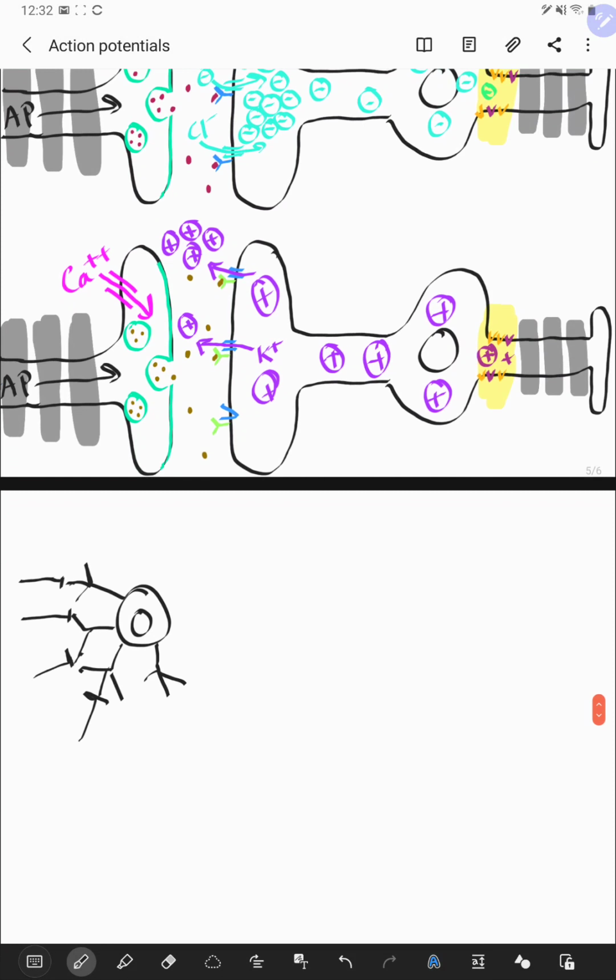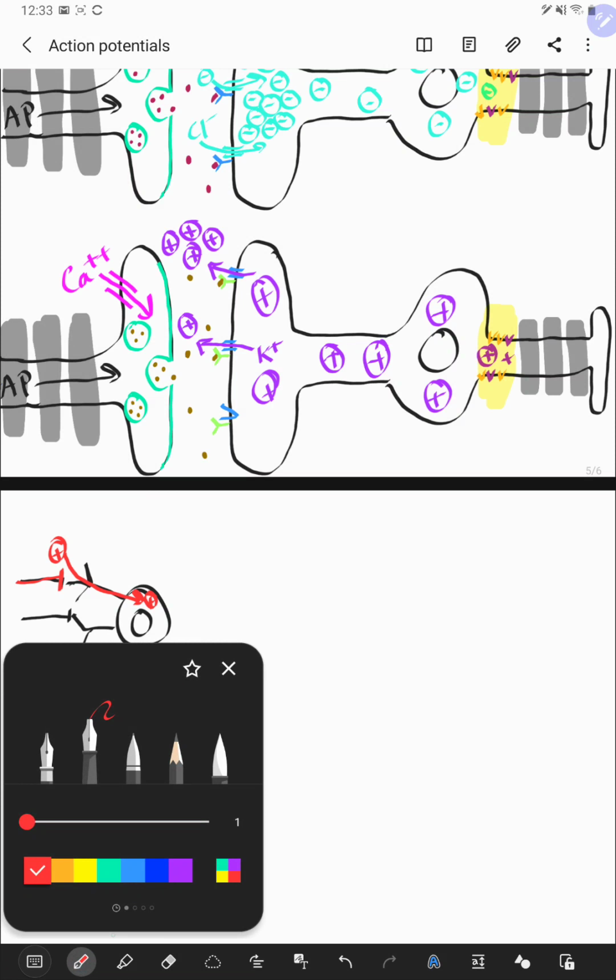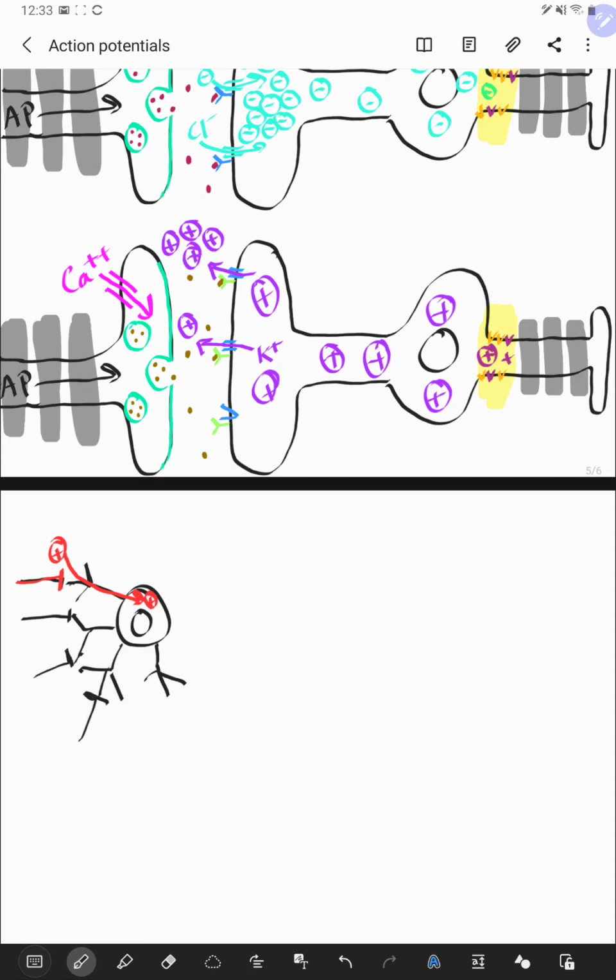So we could have, where I'll draw one in red, this one here could be an excitatory response, and it causes sodium to enter the cell, where we're going to get more positive charges here. Sorry, I didn't draw the rest of the neuron, but we have the dendrites, then the soma, then the axon, and then the axon terminal, and it might connect to other dendrites of other cells.